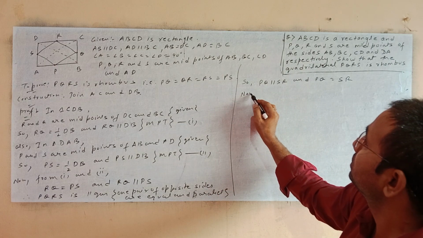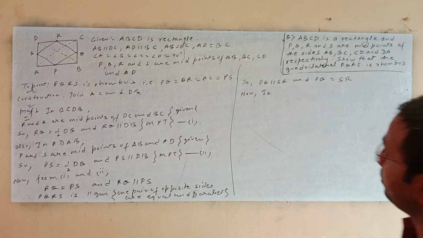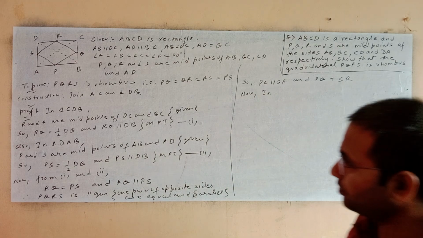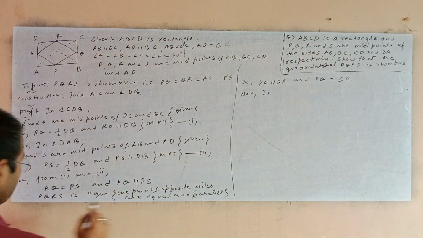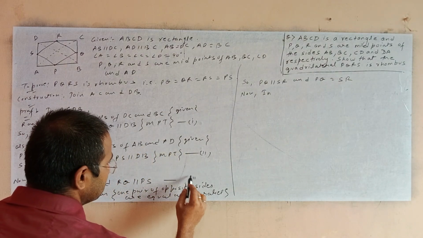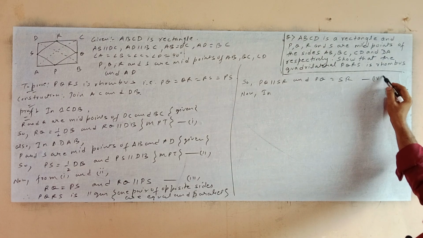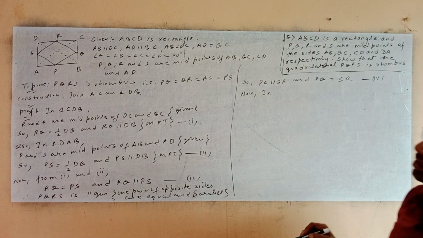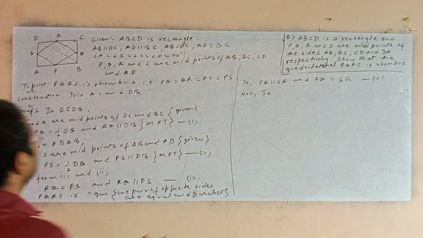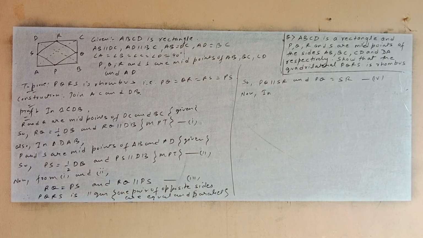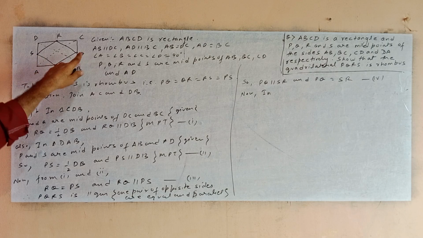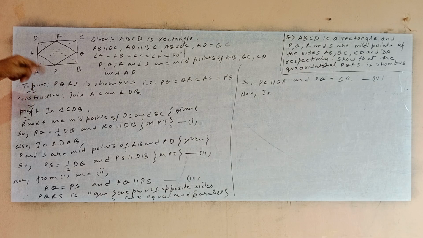Take it as third and take it as fourth. Now you have to make any two adjacent sides equal. So see here, if you make PS equal to PQ, then it will become a rhombus.